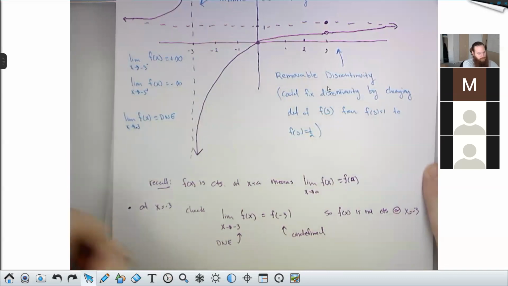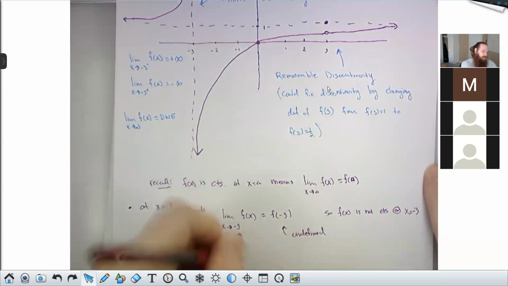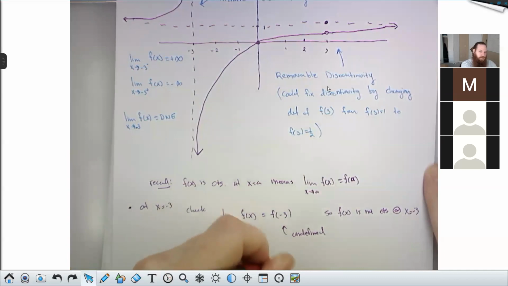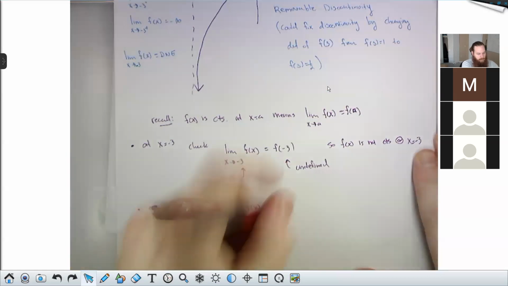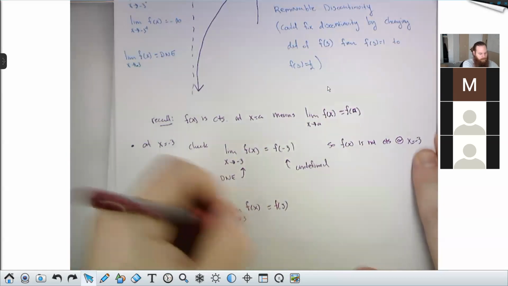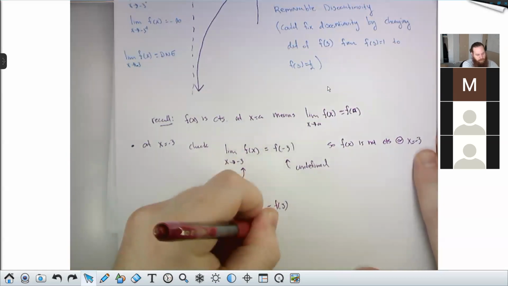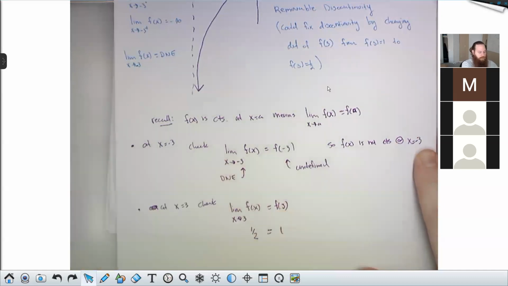Separate from that, we can check at +3. At x equals +3, we can check whether the limit as x goes to 3 of f of x equals f of 3. Is this a true statement or not? Well, here the limit as x approaches 3 of f of x is 1/2, and f of 3 itself is 1.